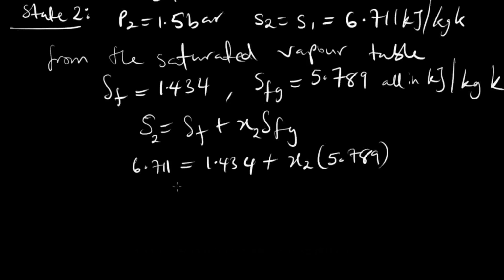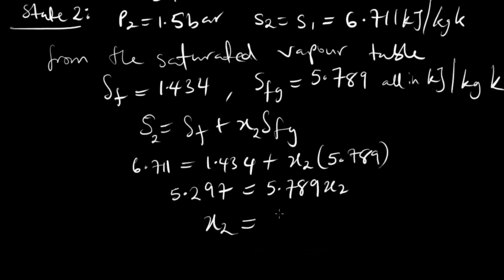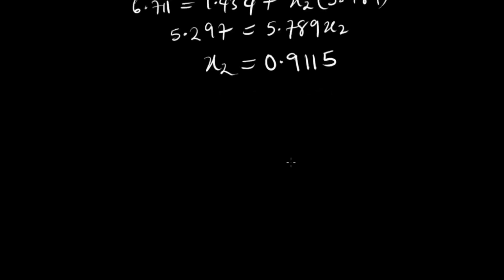Doing the necessary calculations, 5.297 will be equal to 5.789 x2. So x2 will be equal to 0.9115, the dryness fraction at state 2.